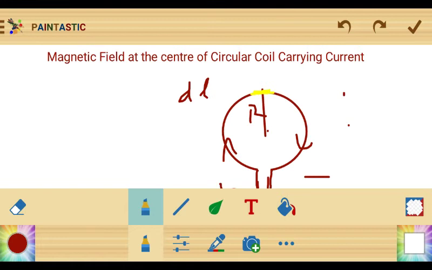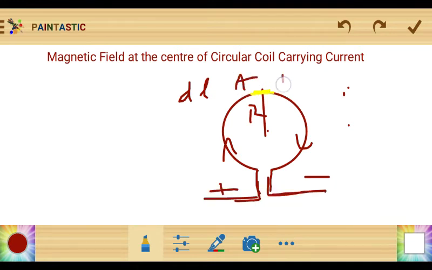As per which law? Biot-Savart law. Let's say the current element name is simply AB.